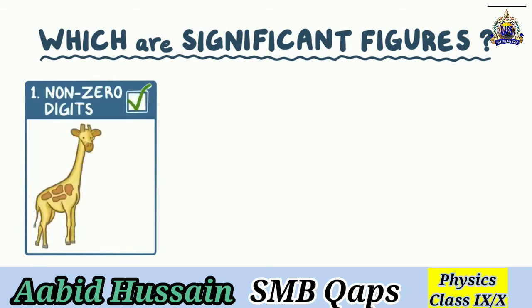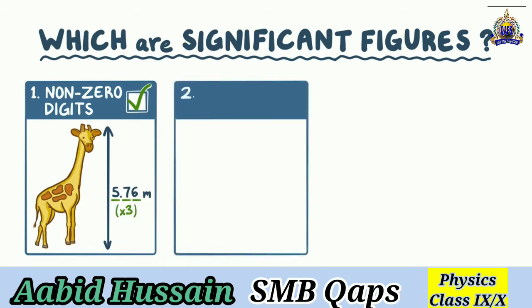Now, rule number 1: all the non-zero digits are significant figures. Like we have here 5.76 meter, that is the height of a giraffe. So these 3 numbers are called significant figures, and all these 3 are significant digits.